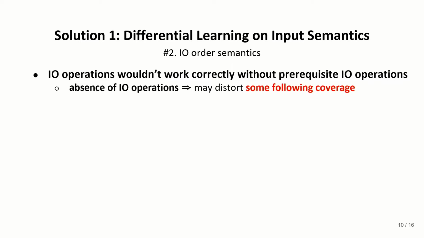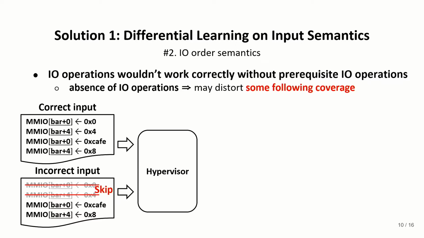Secondly, we identify the execution order to infer I/O order semantics. We observed that I/O operations wouldn't work correctly without the prerequisite I/O operations. So we check whether the coverage is distorted by omitting some I/O operations. For example, for one input, all I/O operations are performed in the correct order.